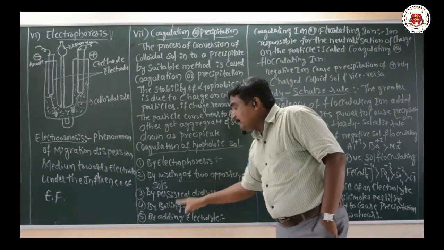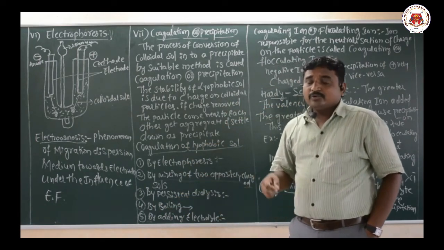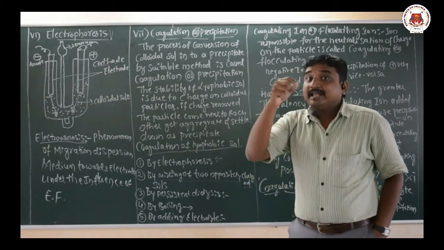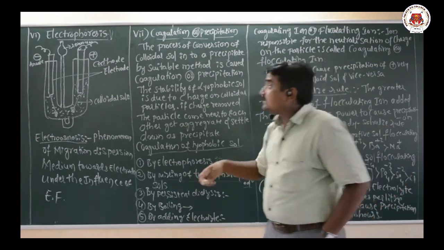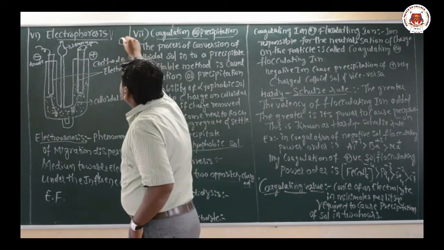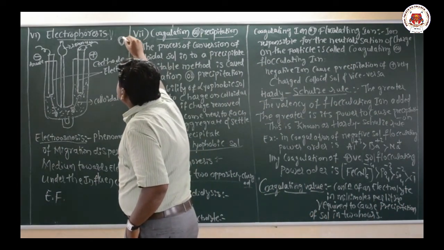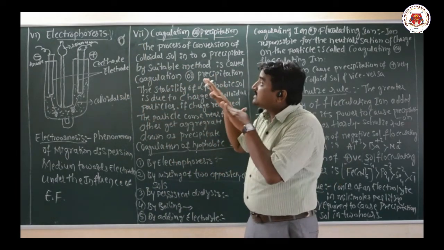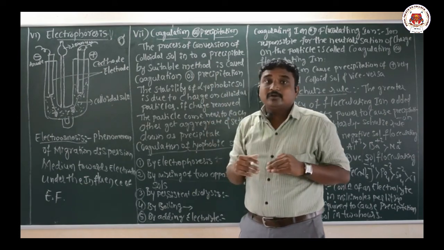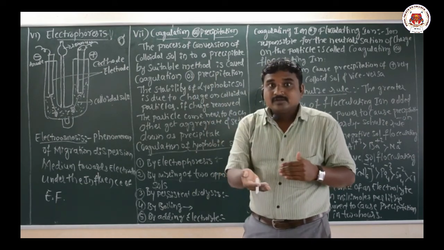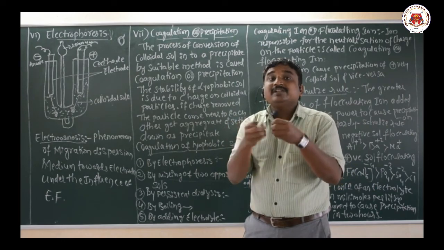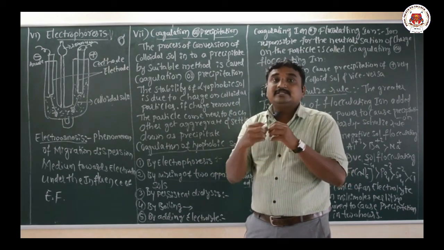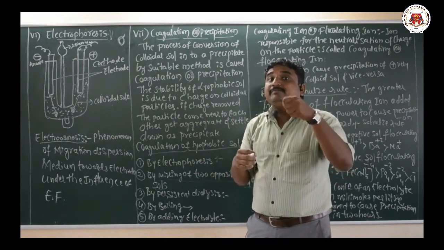The next method is by boiling. When we boil the lyophobic sol, the adsorbed layer present on the surface of the particle gets disturbed. In this way the charges present on the surface of the lyophobic sol are removed. By boiling, collisions take place between the dispersed phase particles, that means colloidal particles, and the dispersion medium.